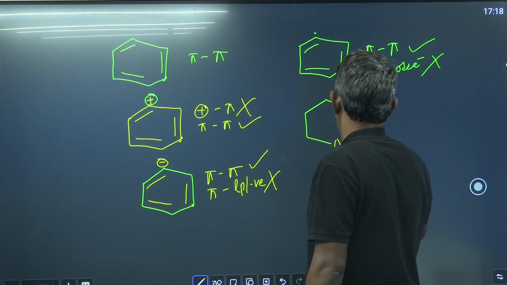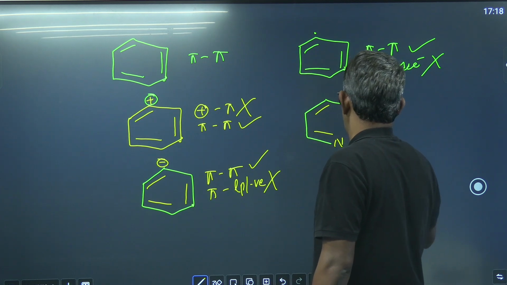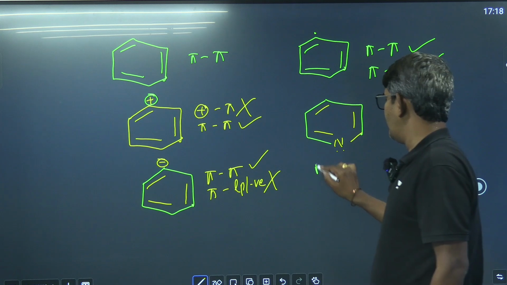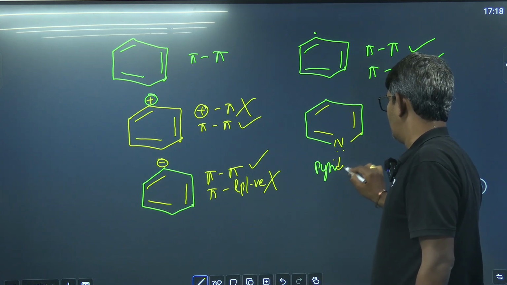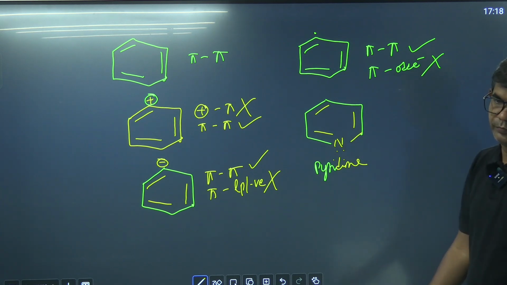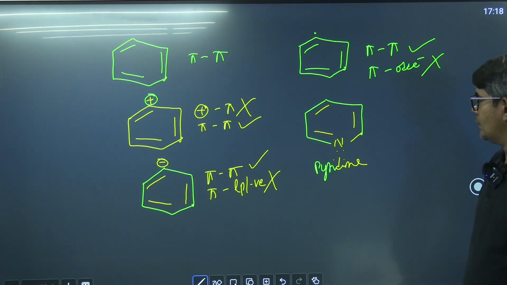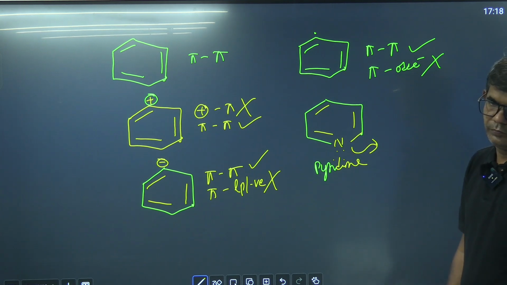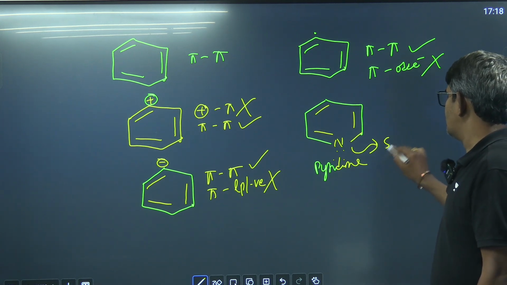Let me give you one more example. I hope you are aware of this name. This compound is nothing but pyridine. What is the hybridization of nitrogen in this? The hybridization of nitrogen in pyridine is sp2.